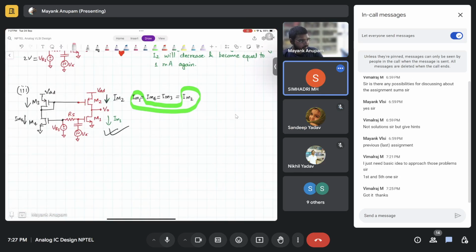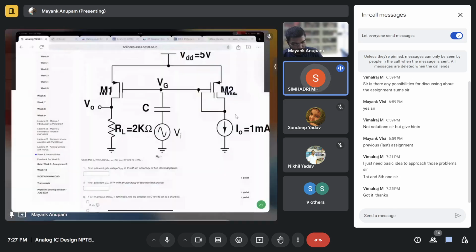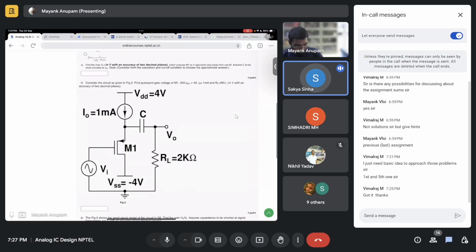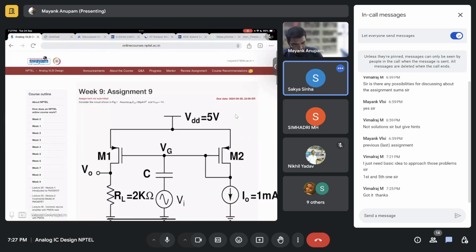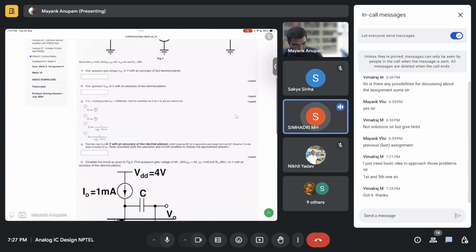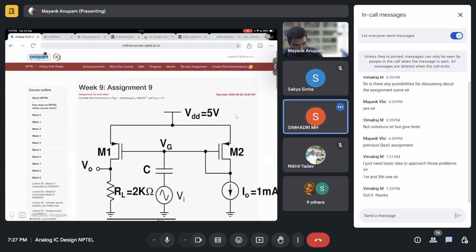Sir, I had a doubt in the fifth question of the assignment. Shouldn't the value of mu p Cox be given here for the calculation? It is given, I think, commonly at the top of the assignment. I thought it's just for the figure for the first question itself.